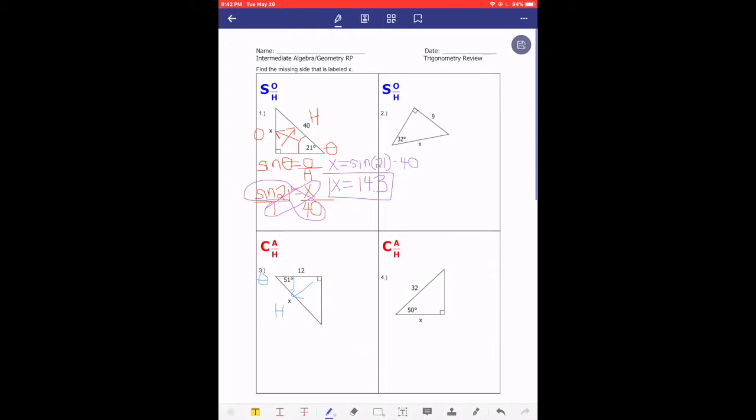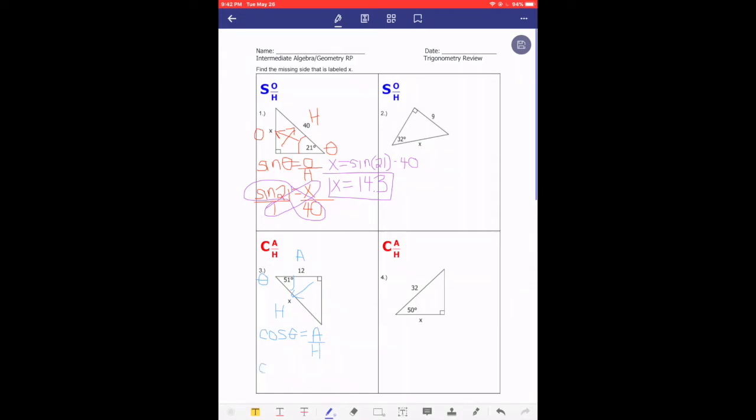The 12 is next to the angle, so that would become the adjacent. Adjacent's always the side next to it. So really, the 12 and the x could both be adjacent, but the x is hypotenuse because that's what's opposite the right angle.